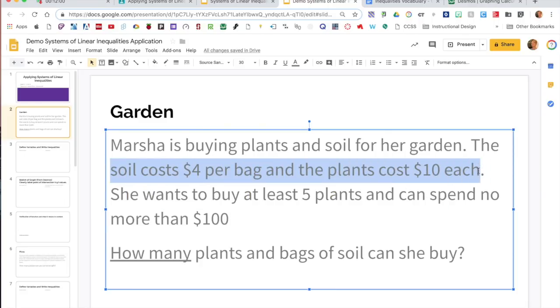You see soil costs $4 per bag and plants cost $10 each. So I'm going to highlight that and make it yellow. Whenever you see the word per or the word each, those are rates. And so those are going to be our numbers that go with our variables in this case.